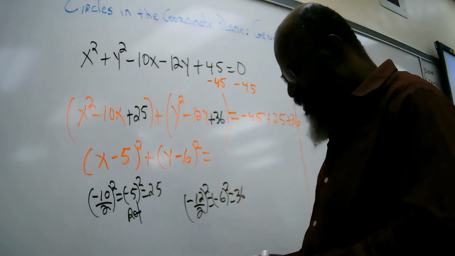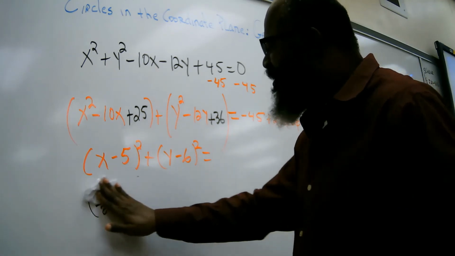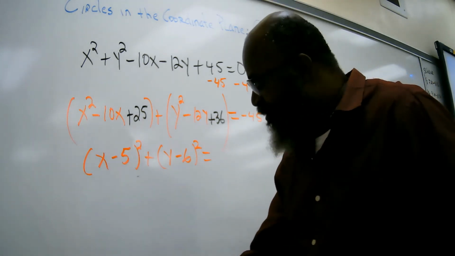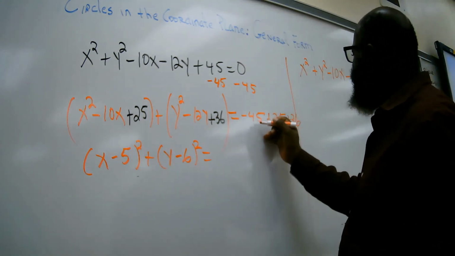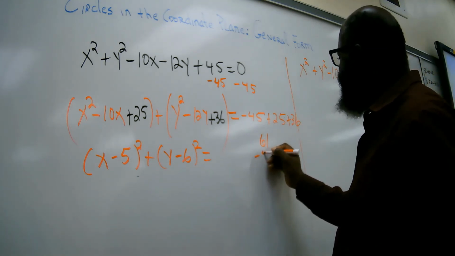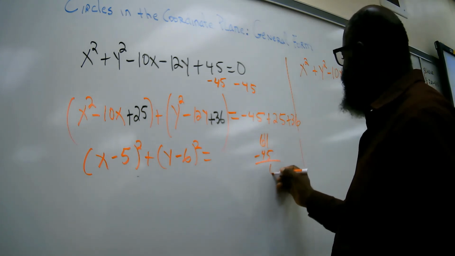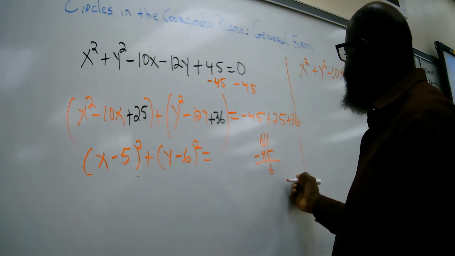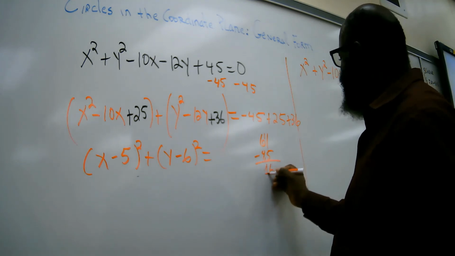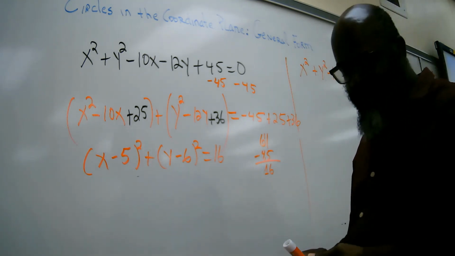Then this part is standard form, we need to simplify the other side. So you have negative 45 plus 25 plus 36, that is 16. Then the equation is in standard form.